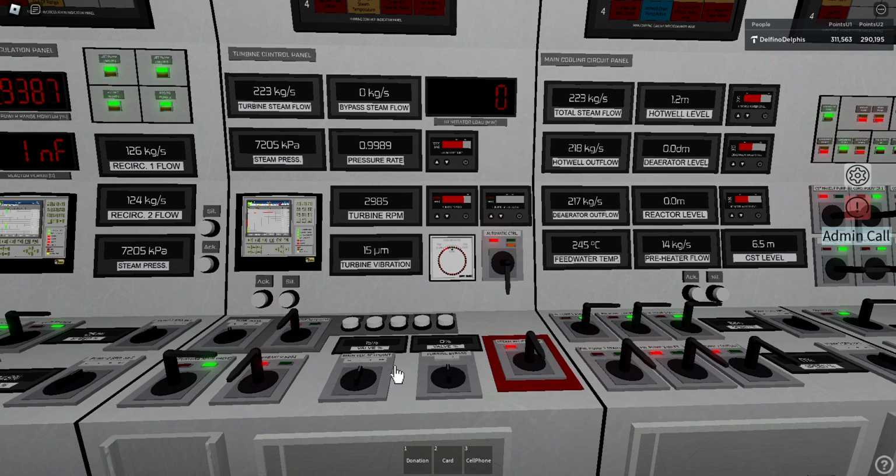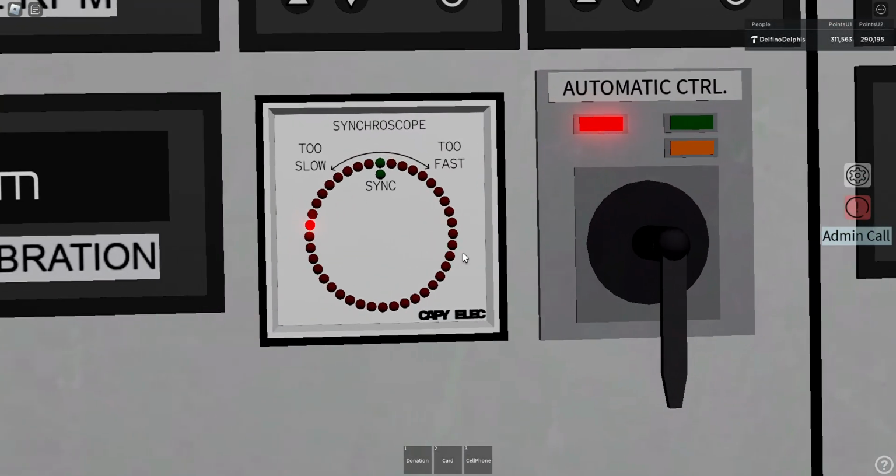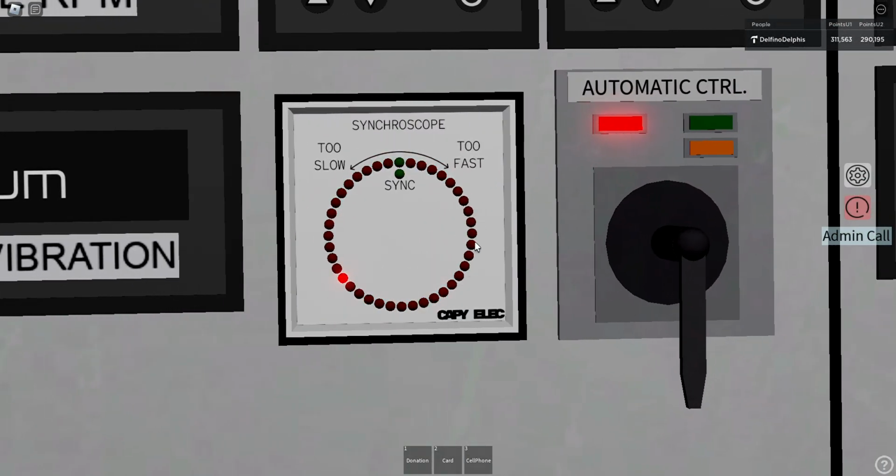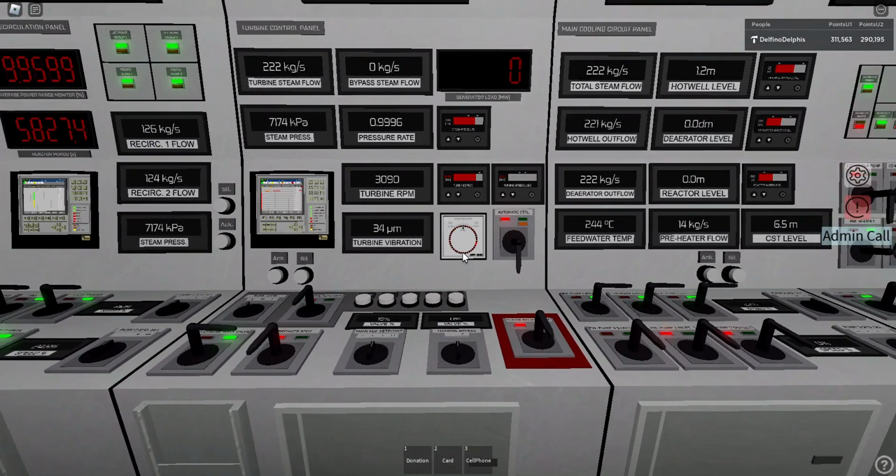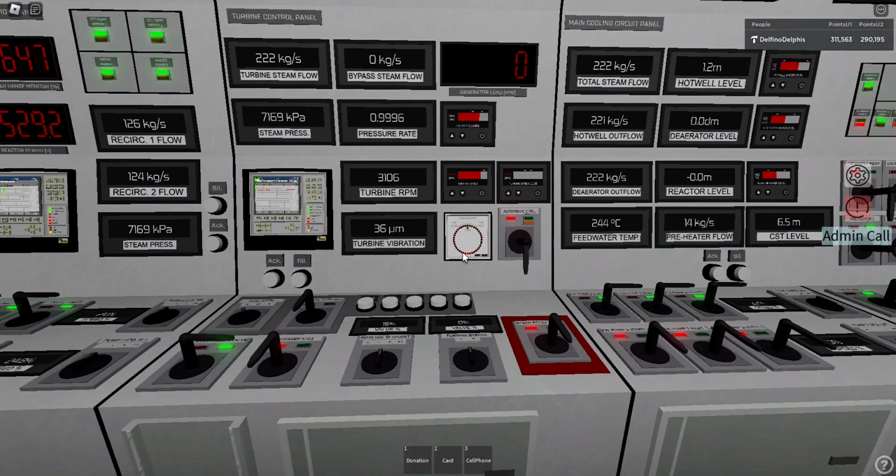Once you are an operator, so you have a higher rank, you will also have to use the synchroscope correctly. You want to synchronize when the synchroscope is pointing top, more or less. But when you are new to the experience, it's not required.